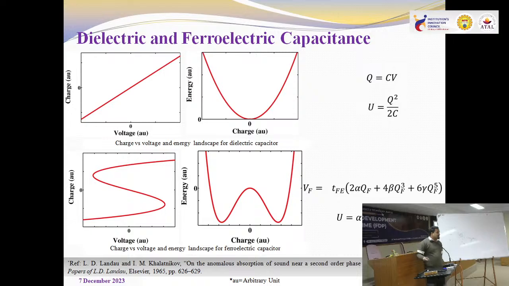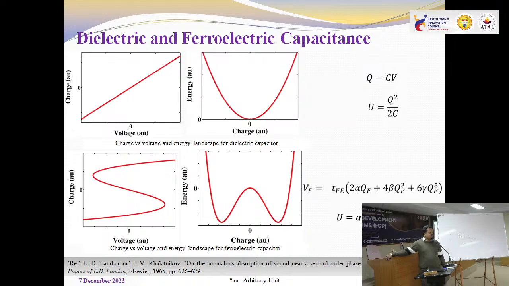So in this particular range, my oxide is providing me the negative capacitance. So this was the dielectric capacitance and this was the ferroelectric capacitance. Now, this tells me that negative capacitance exists in the ferroelectric material.